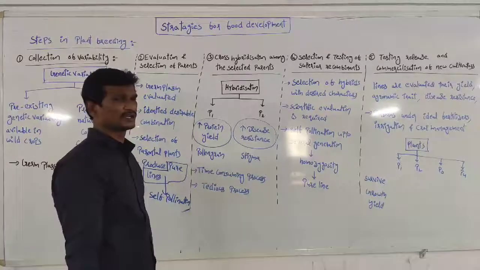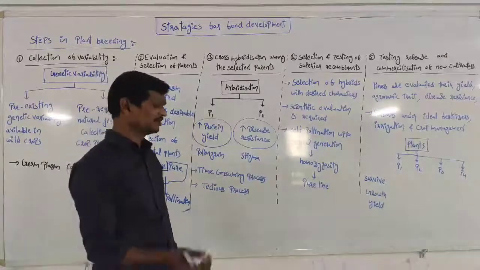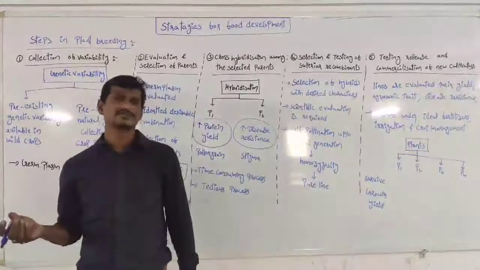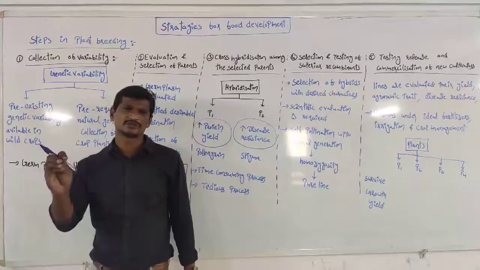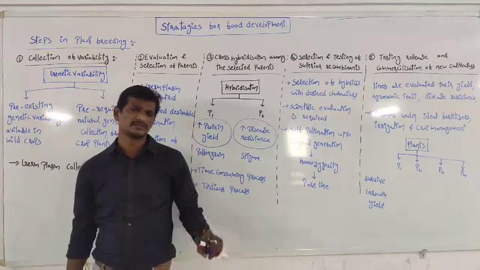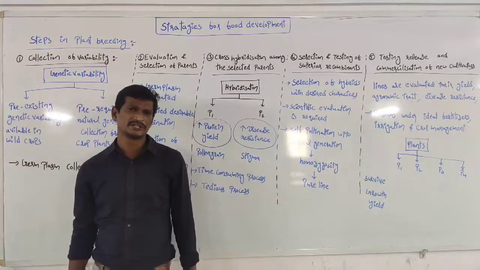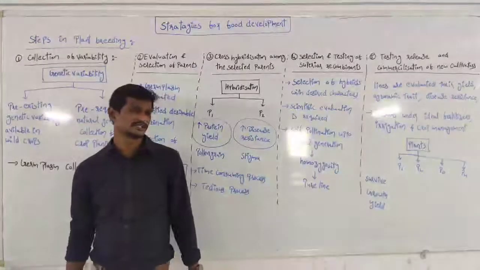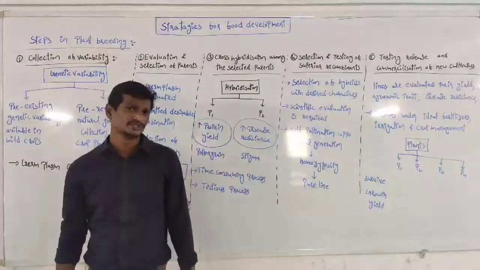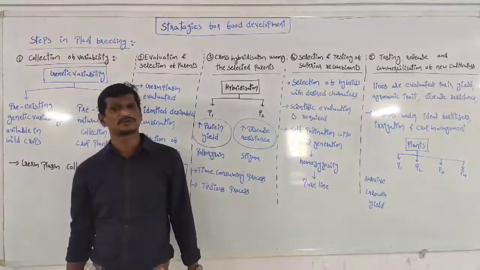So from the male plant, pollen grains are selected, and we go for the artificial hybridization process. We are adding the pollen grains to the stigma of the female plant. Then between these two, pollination takes place. Then fertilization takes place and seeds will be produced. See, this is one of the artificial pollination processes.